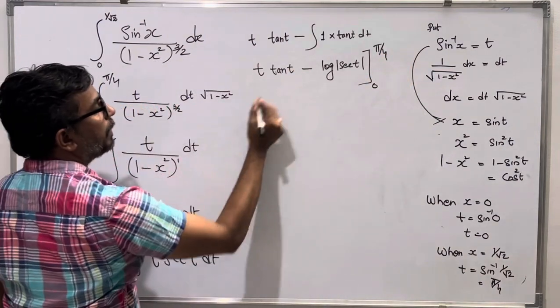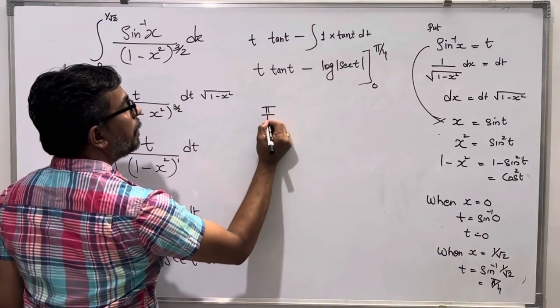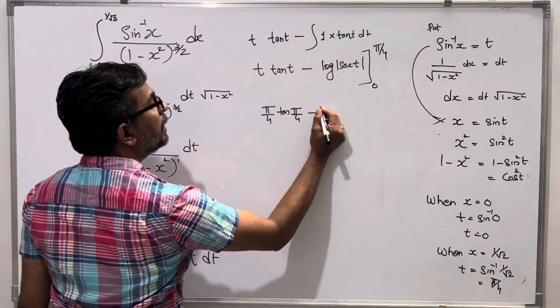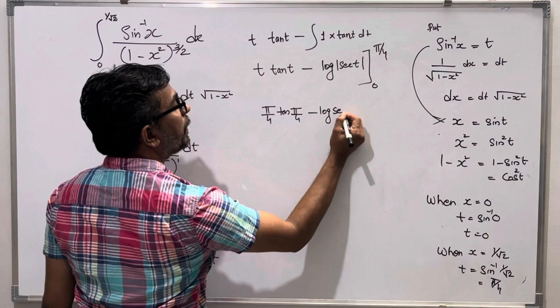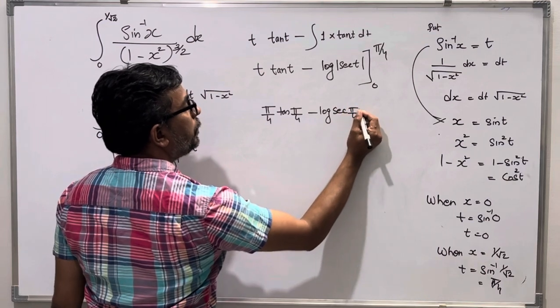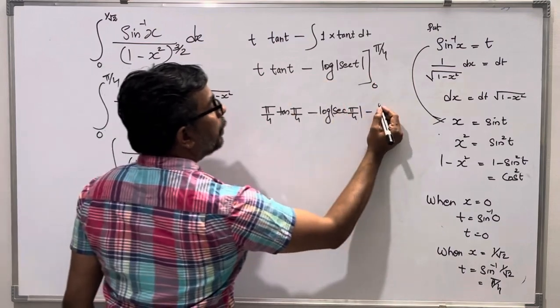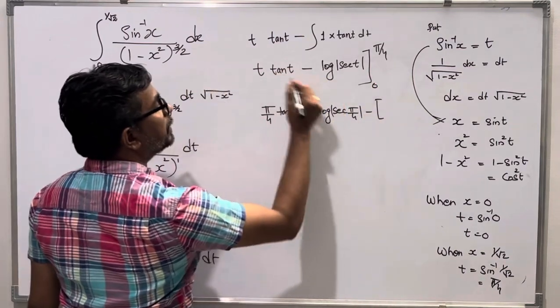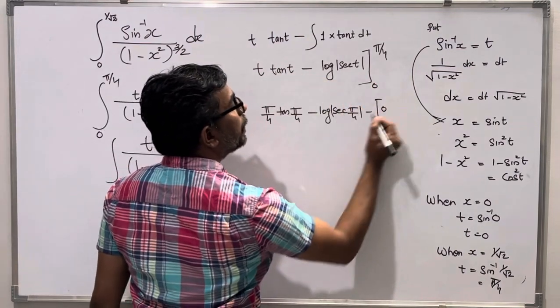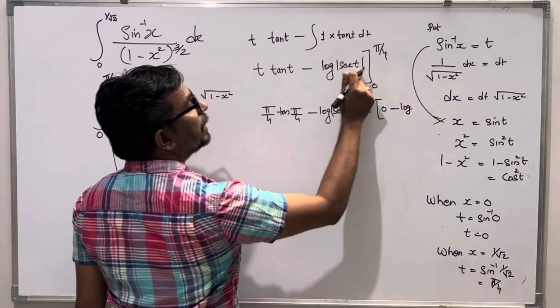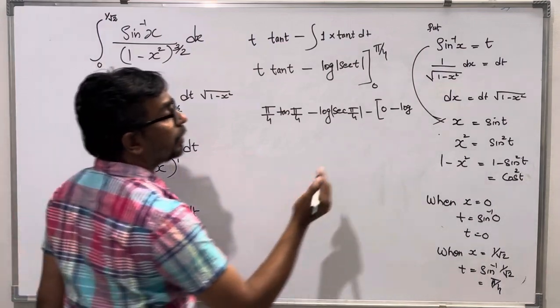So let us apply pi by 4. You'll get t becoming pi by 4, tan pi by 4 minus log sec pi by 4. Then minus, when you apply the 0 part, t is 0 into tan 0, that is 0, minus log sec 0. Sec 0 means cos 0 is 1, so sec 0 is also 1.